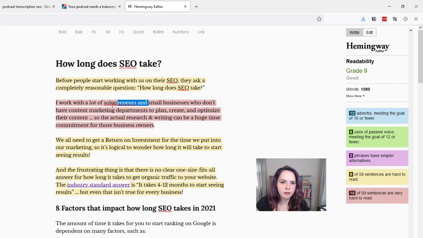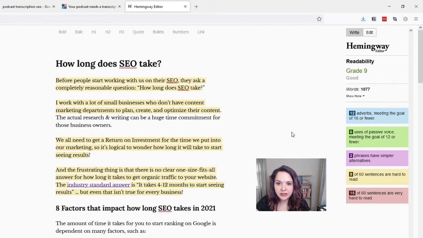And maybe I'll delete small businesses or solopreneurs because it doesn't know what that is. And maybe I'll break this into 2 sentences so that, hey, it already says that this is easier to read. Every little thing that I can do here, maybe I don't need to say "a lot of" to simplify it even more.